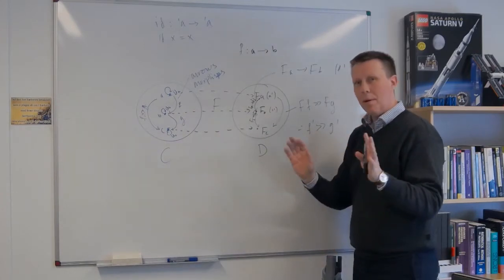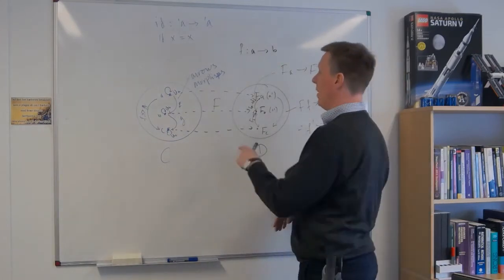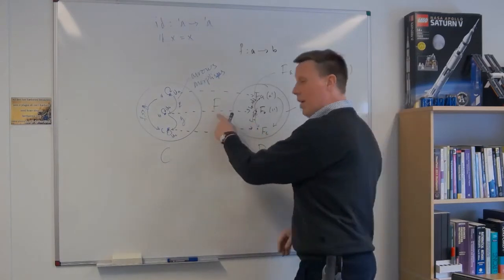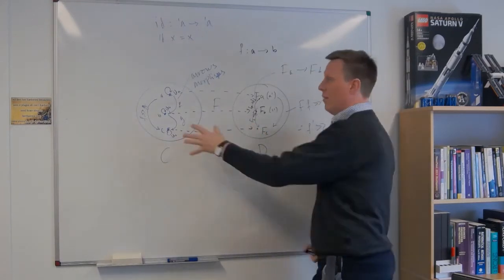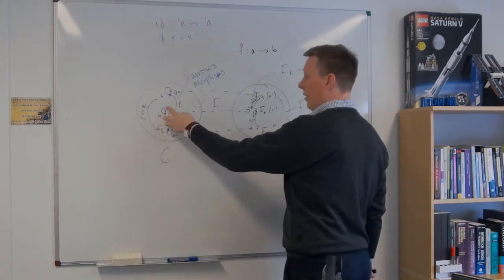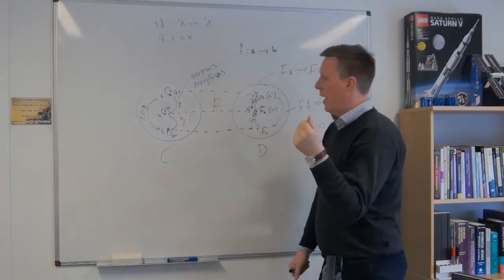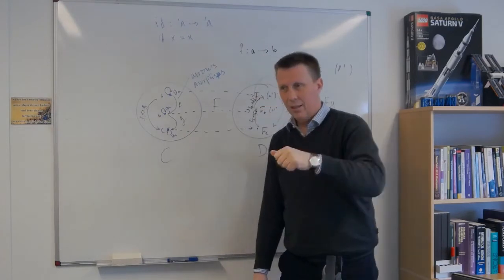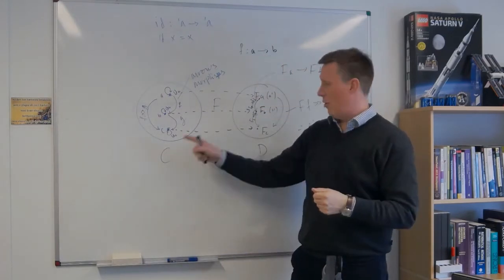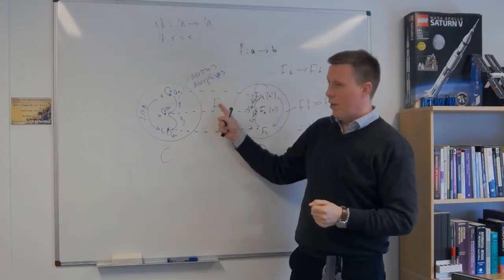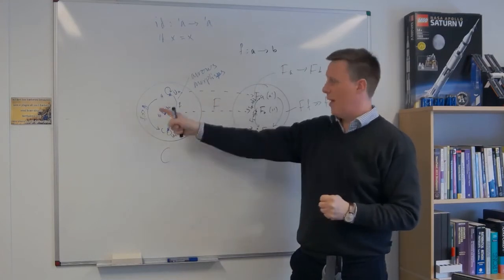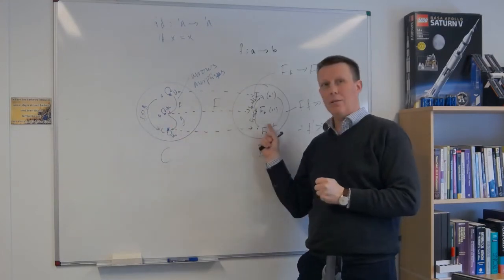And we'll see in a moment how that's related to what we already know. Right? So the functor is a function from one category to another. So in set theory we had a function from a set to another set, the domain to the codomain. The functor is now a function from a category to another category.